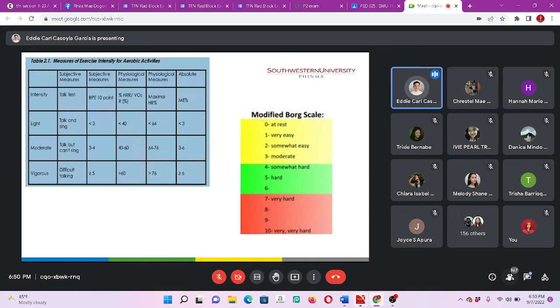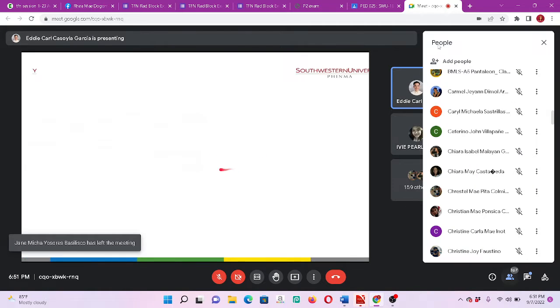Again, it will depend on the intensity of your program. So for your case, as beginners, if you decide on moderate intensity, you will write there for your Borg rating of perceived exertion, number 3, and for light intensity, 1 or 2.